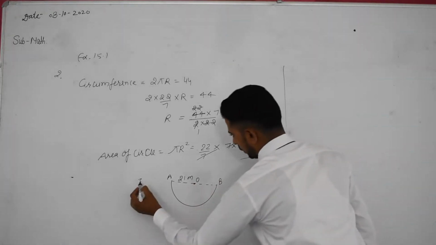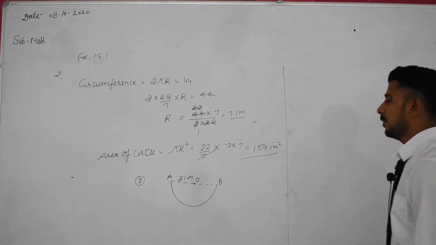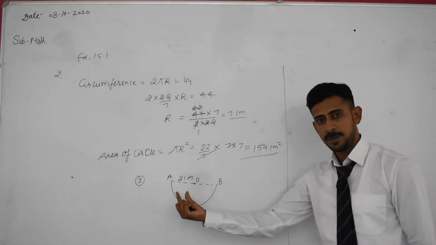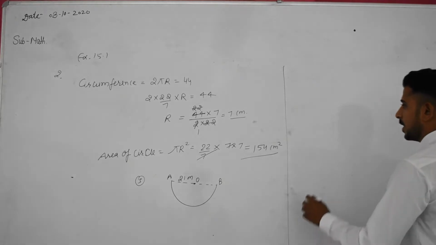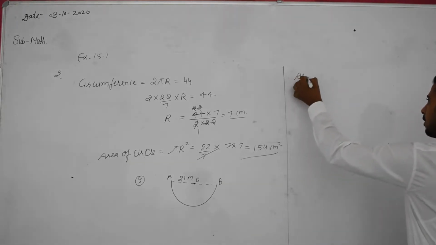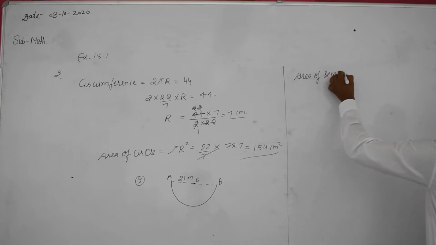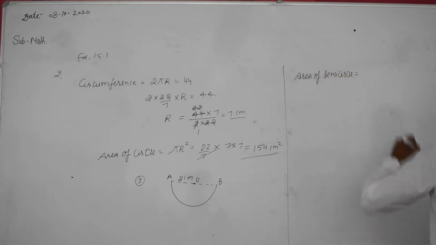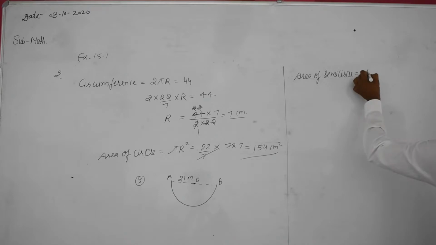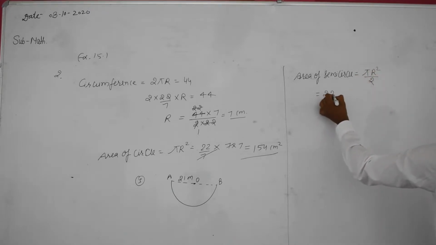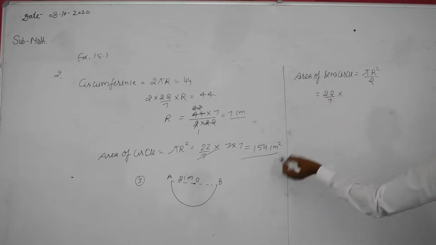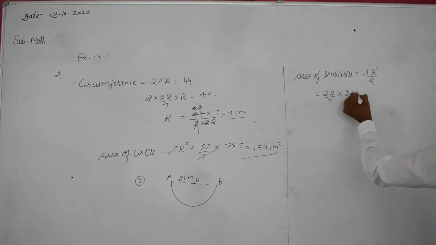Question number 3. If radius is equal to 21 meter, then area of semicircle is equal to pi r square upon 2. Pi means 22 upon 7 into radius r. R means 21.